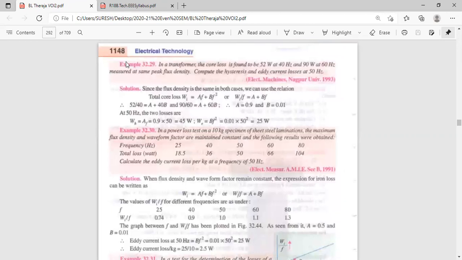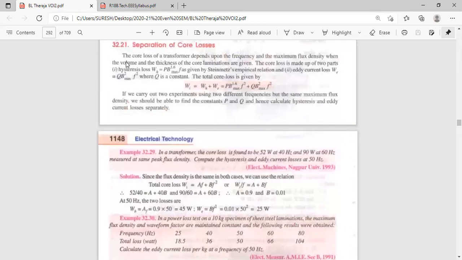Now come to page number 1148. Separation of iron loss. Write the side heading, separation of iron loss. Already I had told iron loss means hysteresis and eddy current loss.